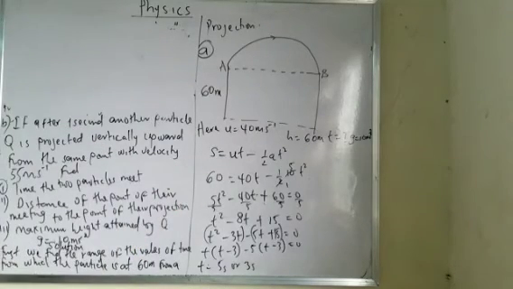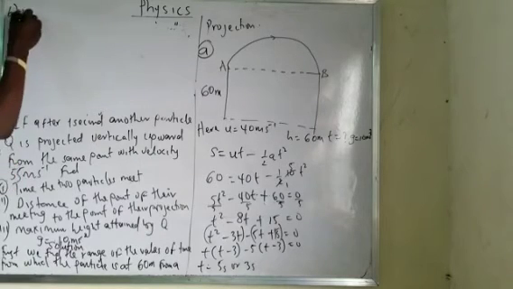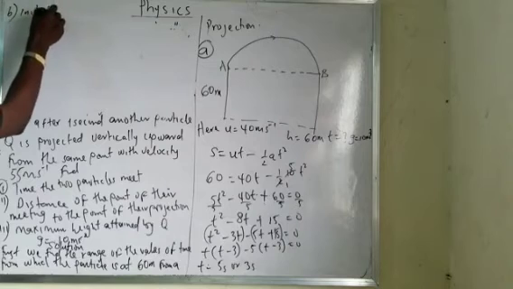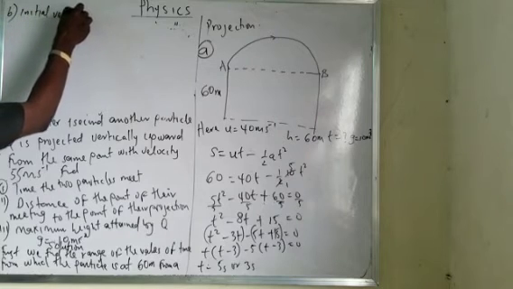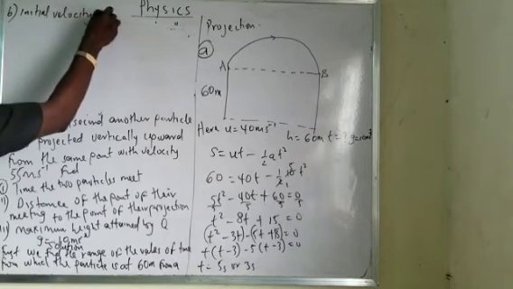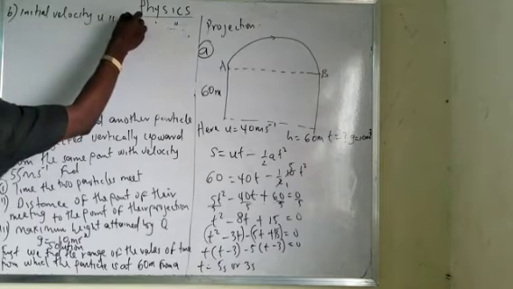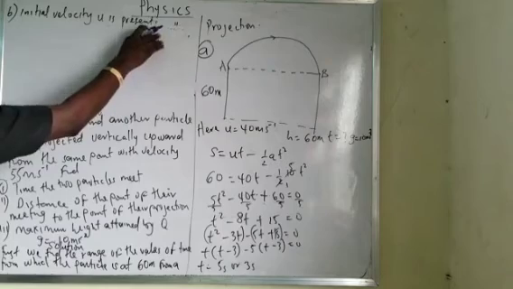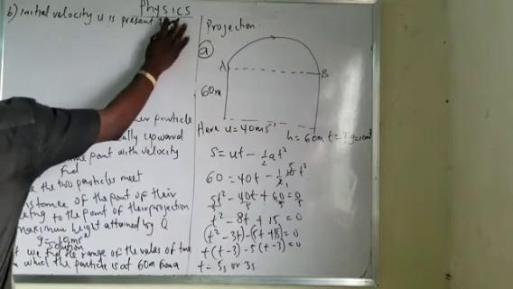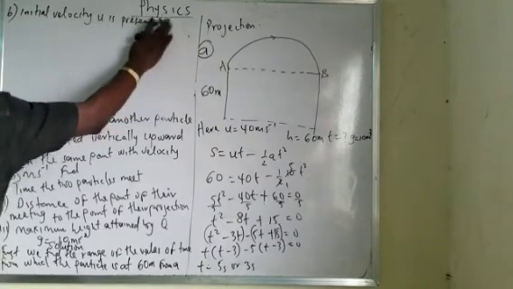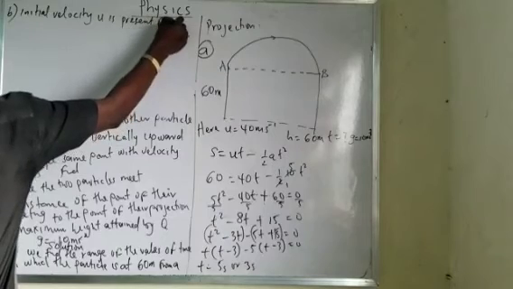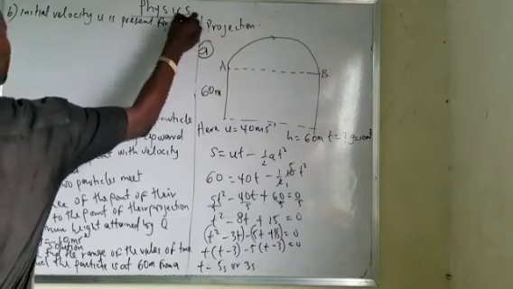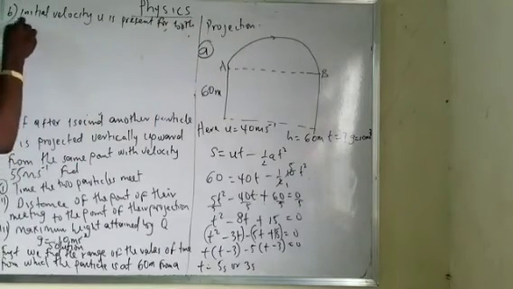Anyway. Now, B. We have the initial velocity u, and g equals 10 meters per second squared for both particles.